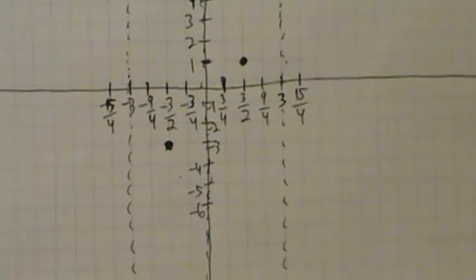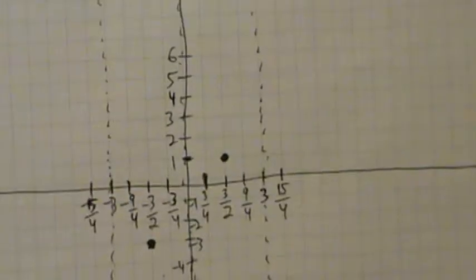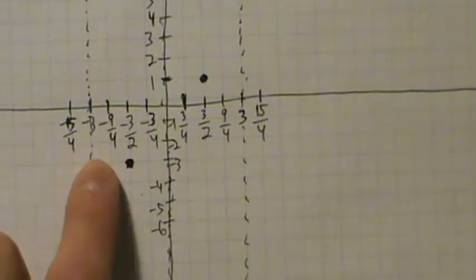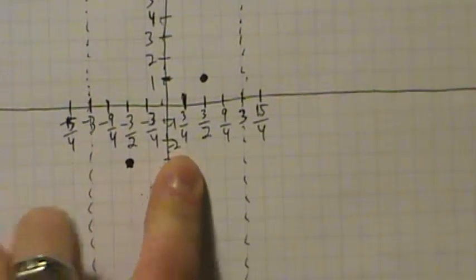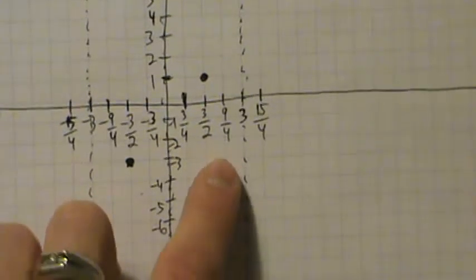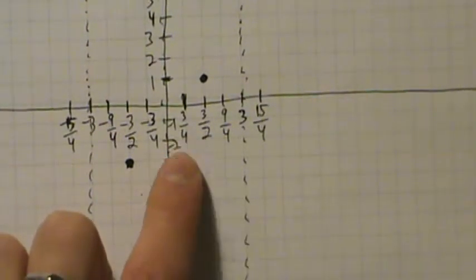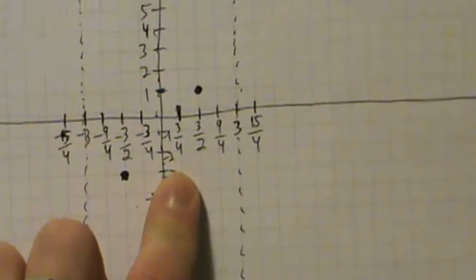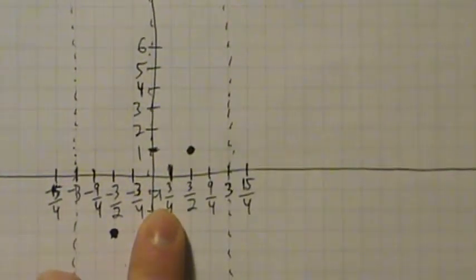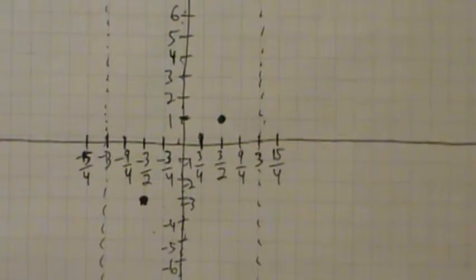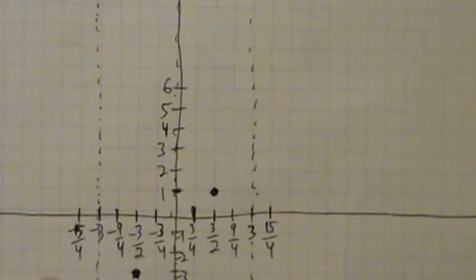Well, if we need to be really specific, we can start plugging in these values: -9/4, -3/4, 3/4, 9/4. We're not going to do that here. It might not always work out so nice, though in this case it would. If we plug in 3/4 into the function, we get the corresponding y-coordinate. But we don't really want to worry about being that specific here. If you have to be that specific, you can go ahead and do it.